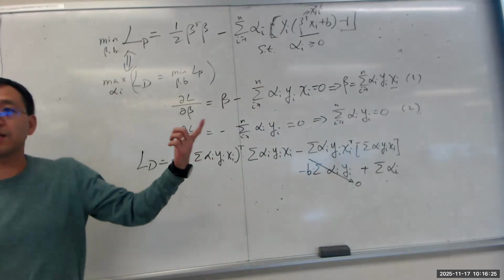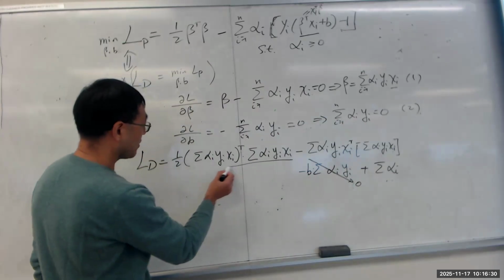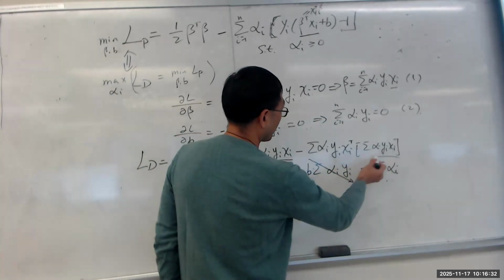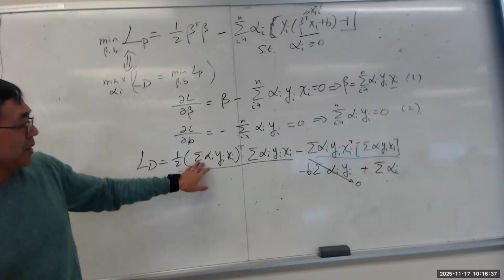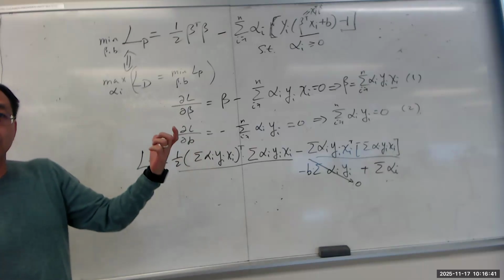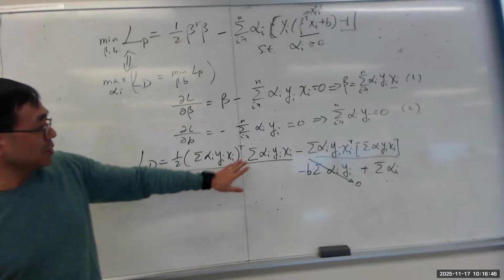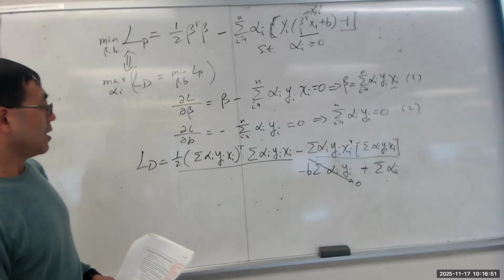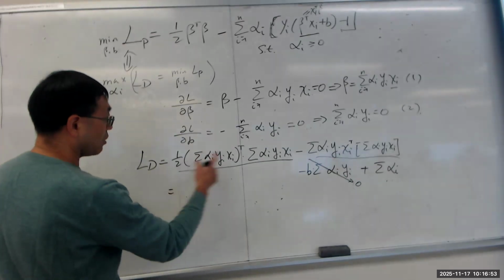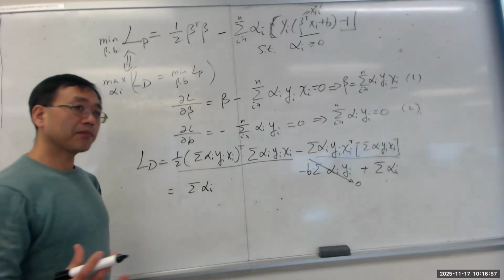If you look at the first term, this one and this one are essentially the same if you don't look at the coefficient, because alpha_i y_i are scalars, so their transpose is just themselves. So these two terms are actually the same. So in L_D, the summation of alpha_i we keep the same.